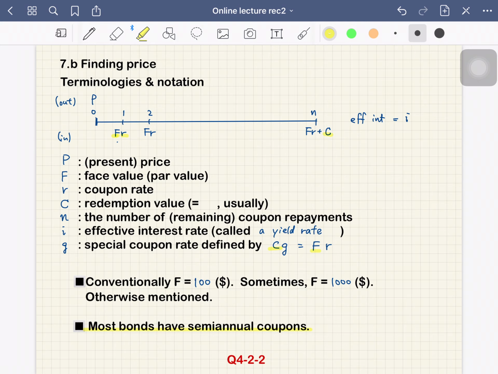So I would like to just mention one thing about P and F. The coupon rate is based on F, but the present price is slightly different. This happens because of practical reasons. For example, the government decides to issue a bond with face value of $100 with coupon rate 3%.